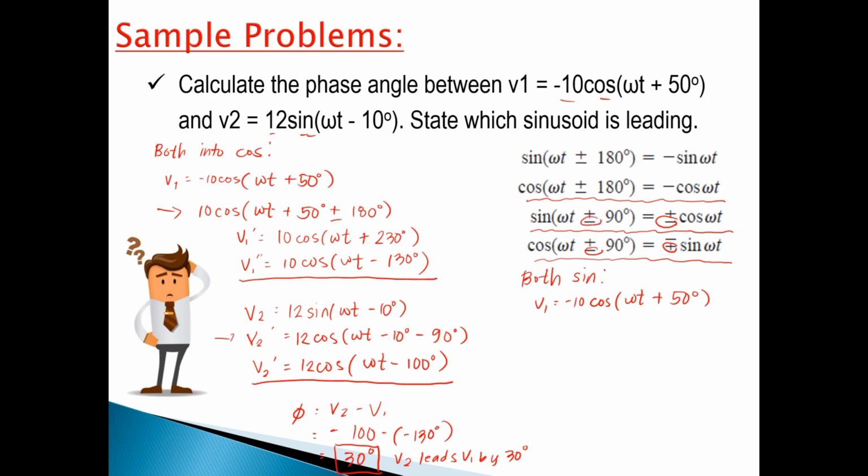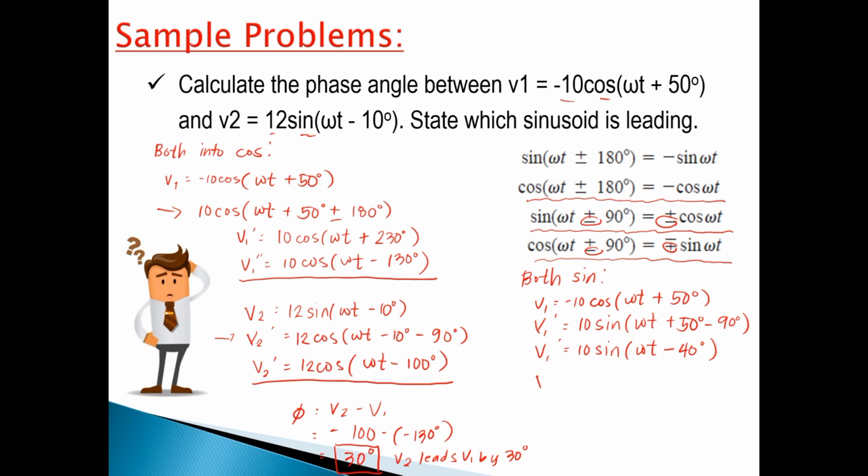So our V1 prime will be equal to 10 sine of omega t plus 50 degrees minus 90 degrees. Then V1 prime equals 10 sine of omega t minus 40 degrees, since 50 minus 90 is negative 40 degrees.